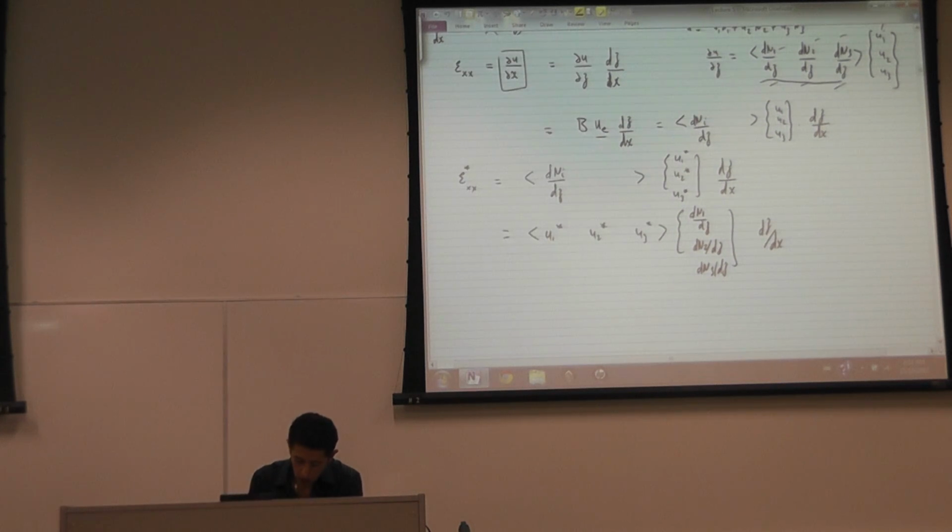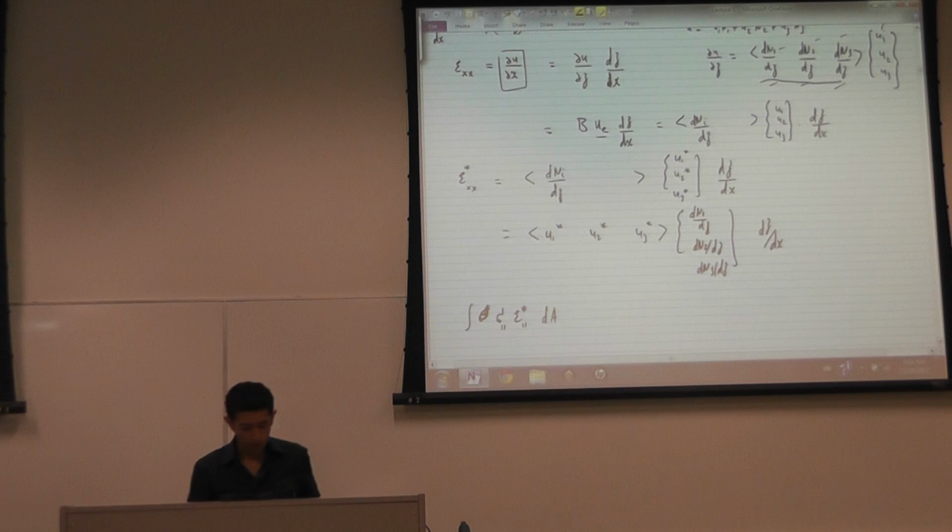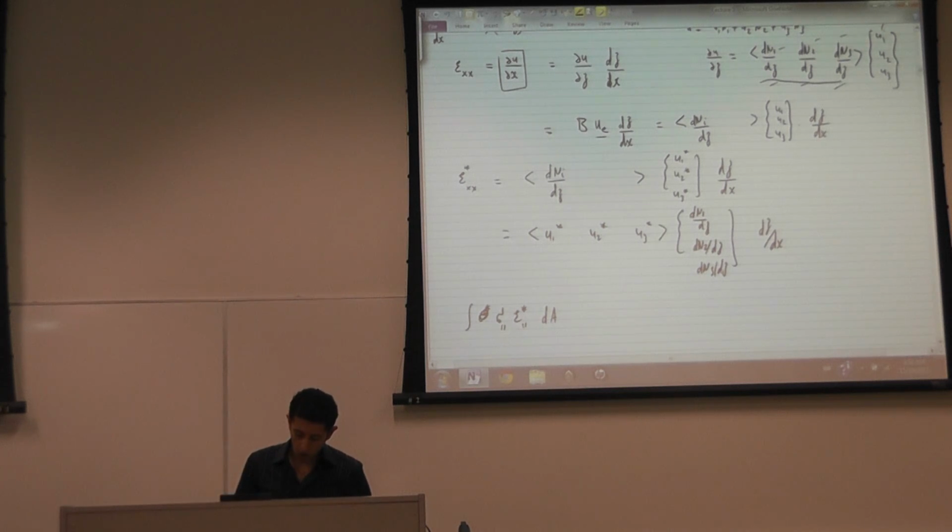The virtual work equation is equal to sigma star. Oh, sorry, sigma multiplied by epsilon star xx, integrate over the volume of the element, which is area, multiplied by dx.